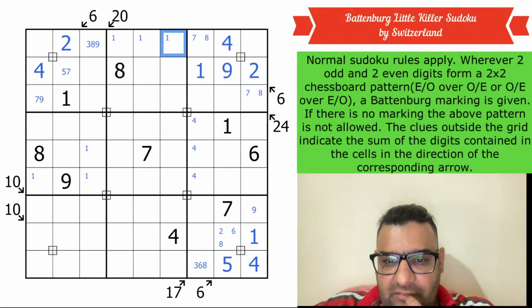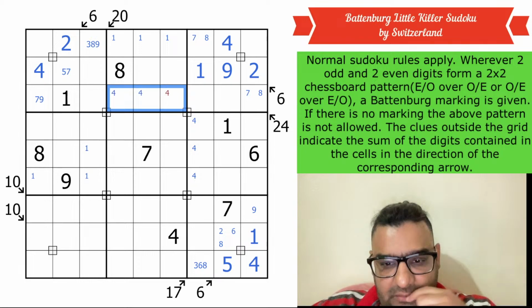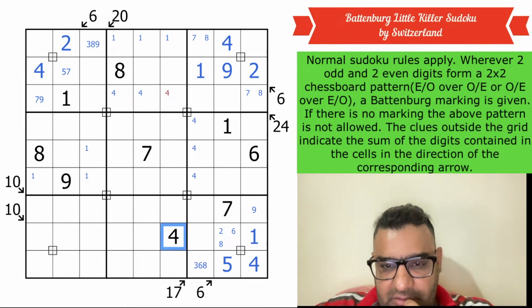This number cannot have a 4. This row cannot have a 4. So 4 should be here. And because 4 is here, 4 cannot be here. 4 could be in these two. Okay, this cannot have a 4.